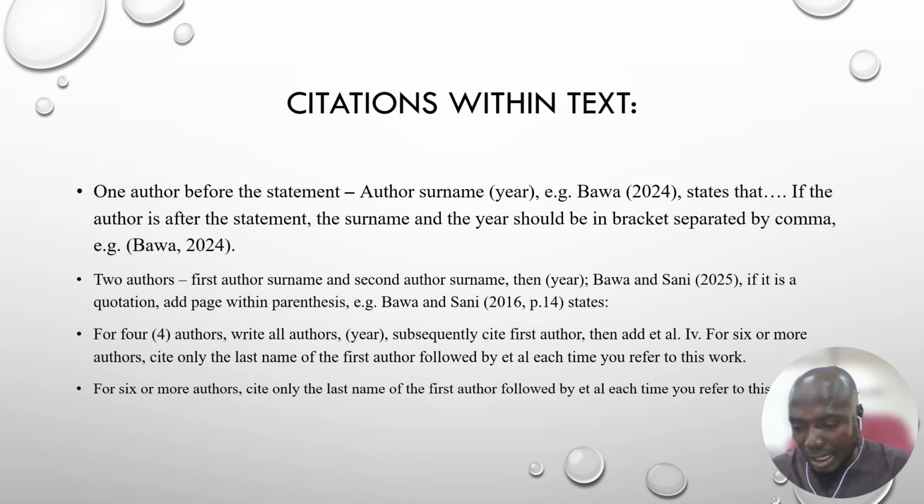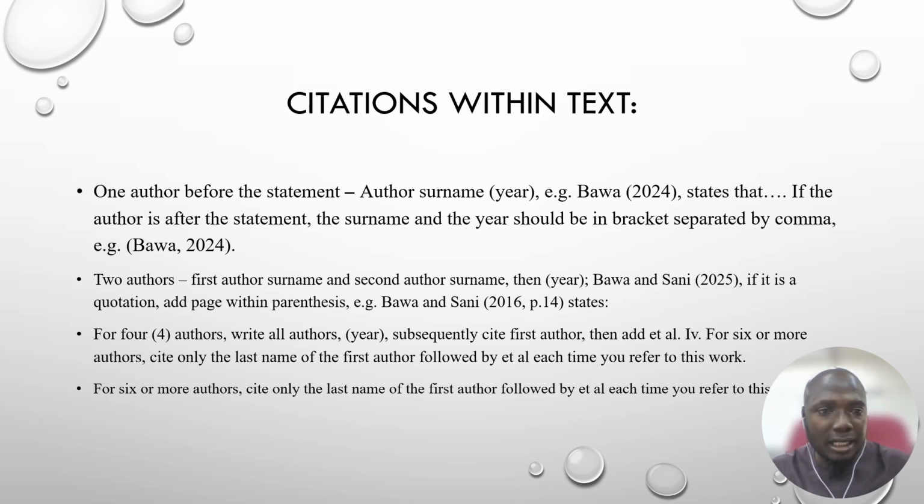Then in brackets Bawa 2024. Bawa is my surname, my own name is Nasuru, then my other name is Shagari. So that is why Bawa, because it's the surname. They say surname and the year.